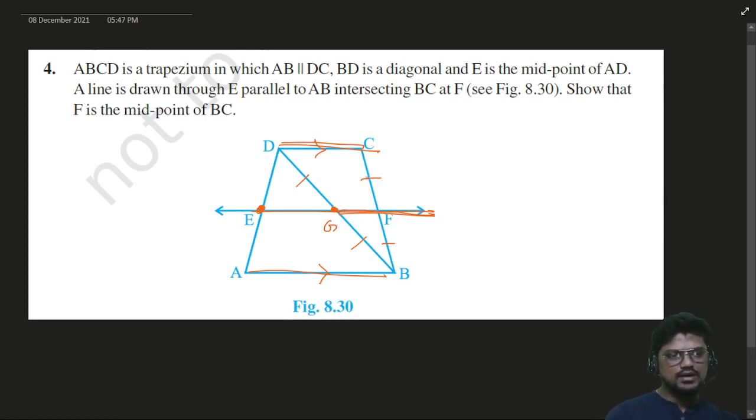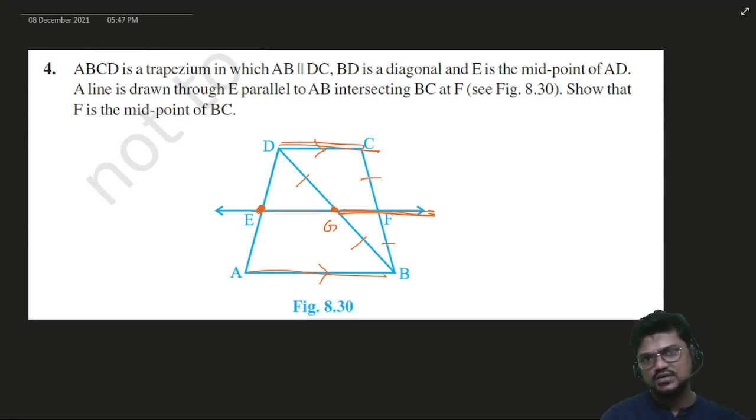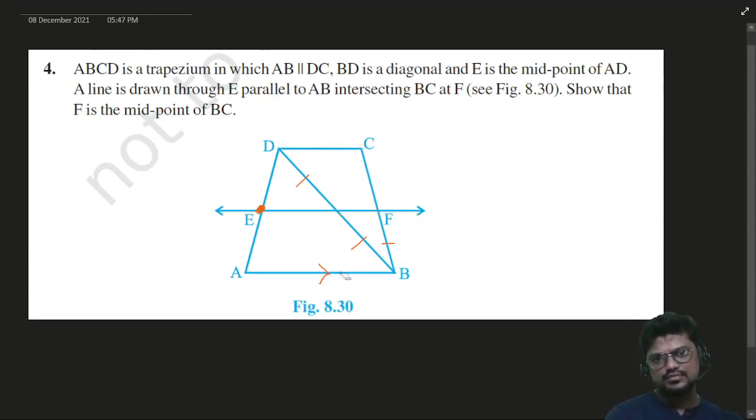Sir, how will point E bisect DB into G? Please ask again what you are saying. Sir, how will line EF bisect DB equally? Okay. These two sides are equal, they have given that.